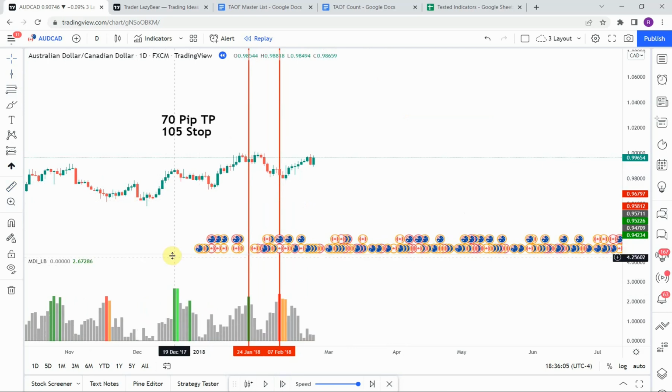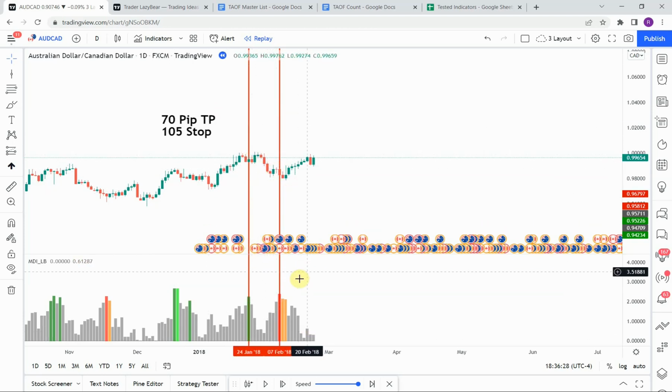All right, so the first signal that we picked up is a long signal. You can see right here, we get a series of those gray bars, and then we pick up a dark green bar right here. We get a little bit of a push to the upside, but unfortunately it barely misses that 70% take profit that we're looking for there. Then we get a push to the downside.